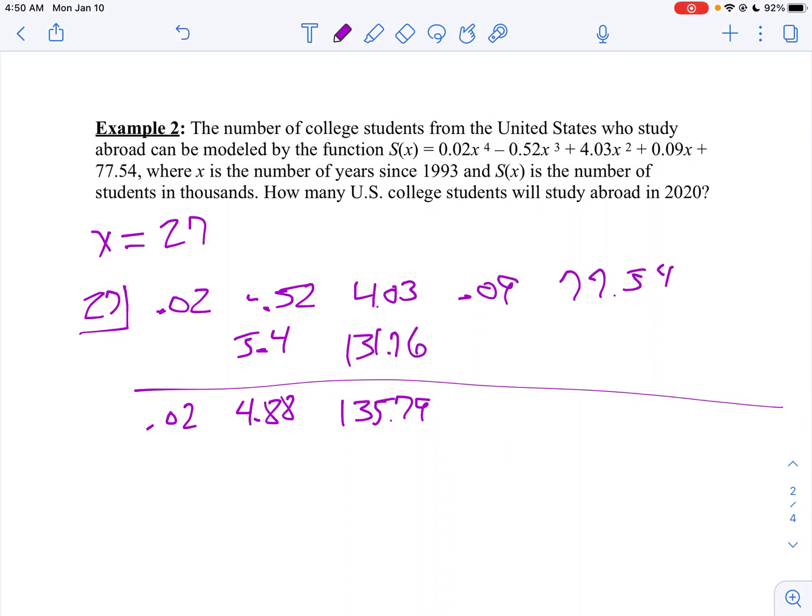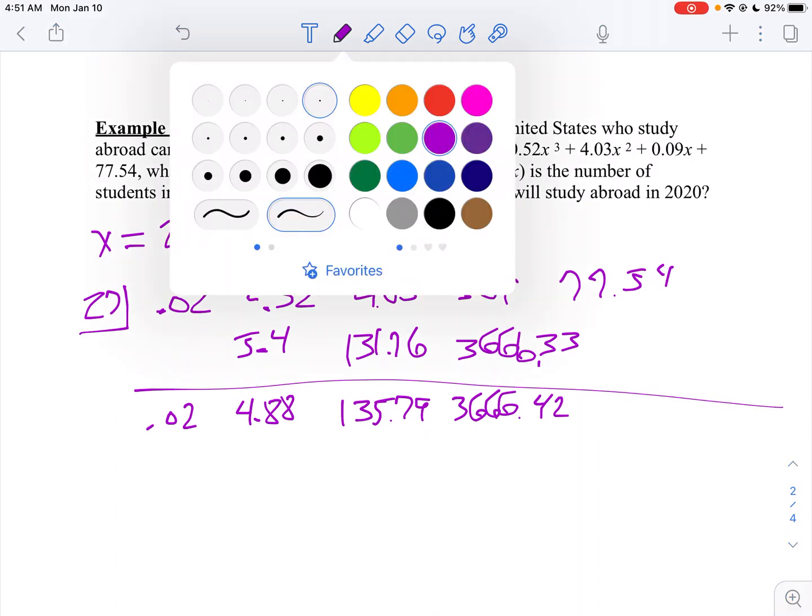And we get 3666.33. Well, to that I'll add 0.09. I'll get 3666.42. Finally, let's switch pen colors here so we can see the difference.